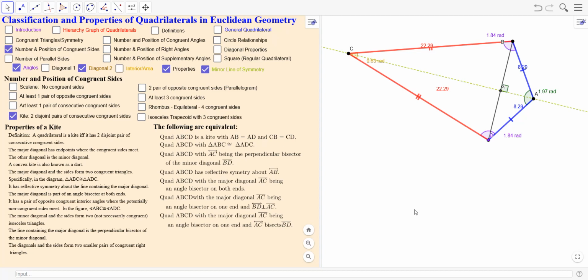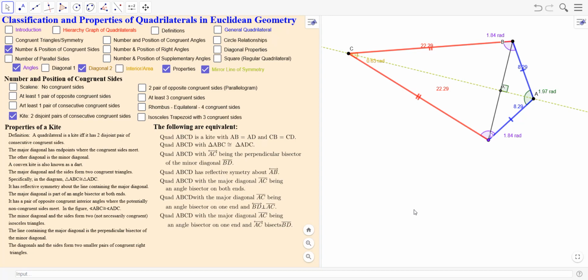Quadrilateral ABCD is a kite, with the length of AB equal to length AD and the length CB equal to length CD. That's true if and only if triangle ABC is congruent to triangle ADC. That's true if and only if quadrilateral ABCD has line AC being a perpendicular bisector of the minor diagonal BD.